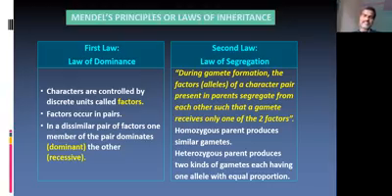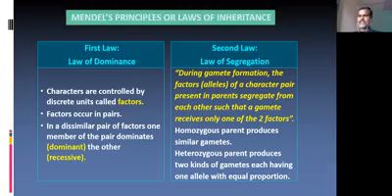First law: characters are controlled by discrete units called factors. Factors always occur in pairs. In a dissimilar pair of factors, one member of the pair dominates and the other is recessive. This is the first law.